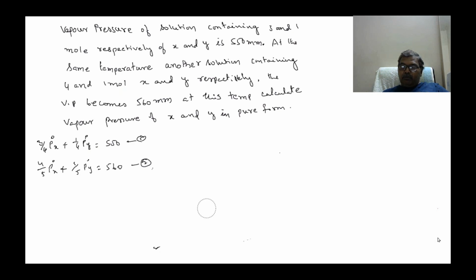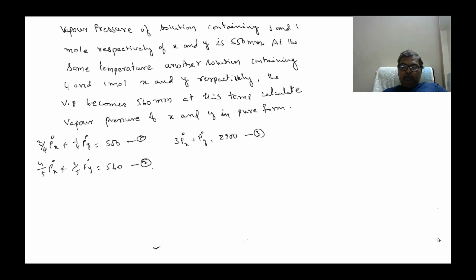Equation 1 with 4: 3 P naught X plus P naught Y is equal to, we are multiplying with 4, right? So 4 into 550, 2200. Say this is equation 3.